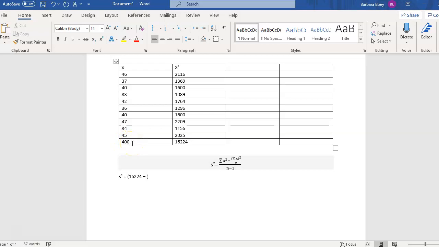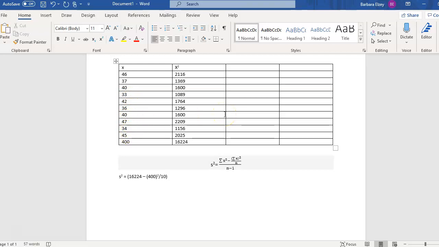That's 400. We are going to take that sum and square it, and then divide by the number in our sample. Be careful that you don't count that 400. That was the sum. 1, 2, 3, 4, 5, 6, 7, 8, 9, 10 in our sample.